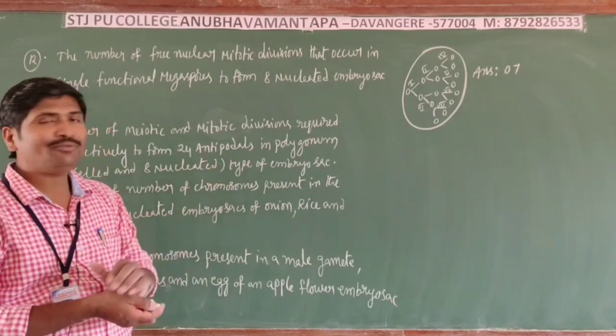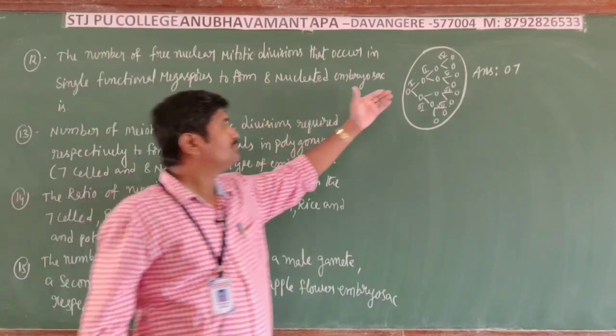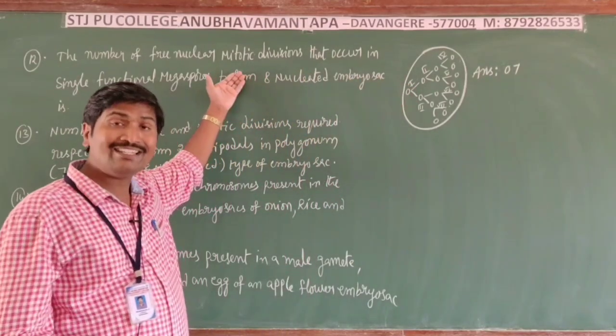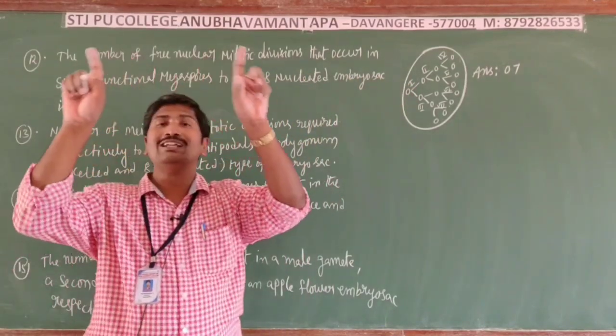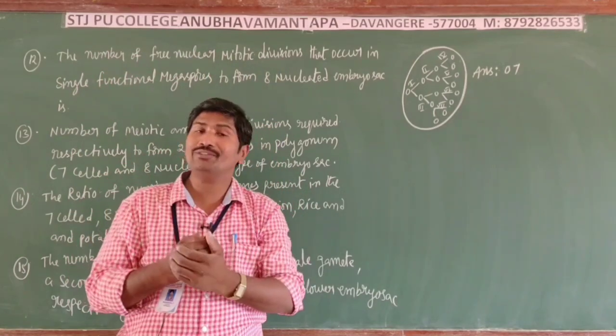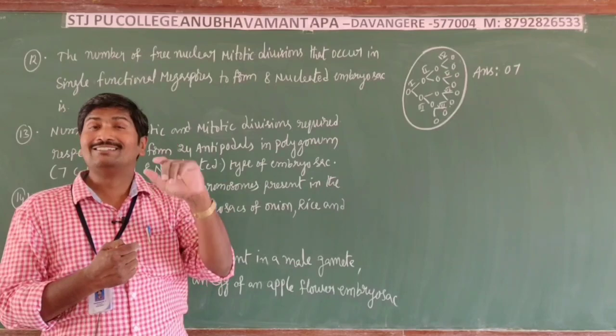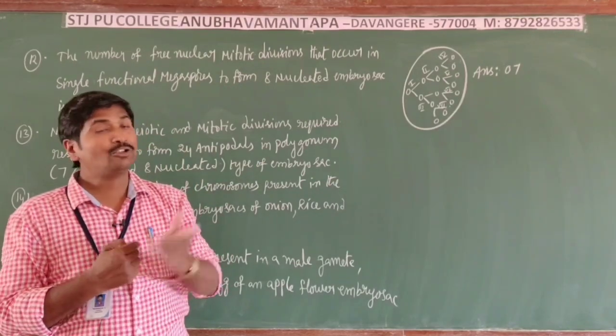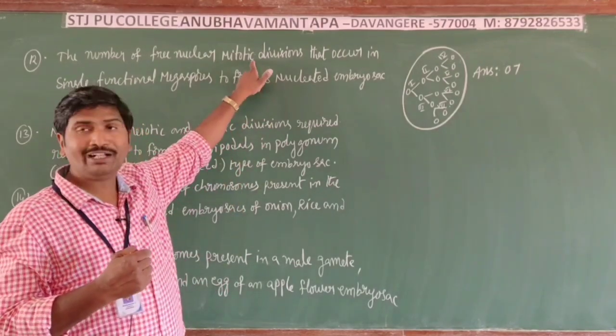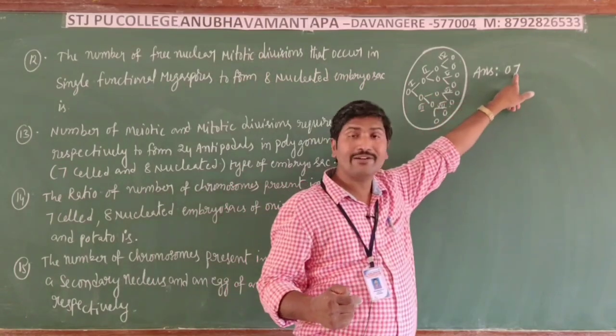Okay, here the majority of the students are confused because in the NCERT textbook, a total of 3 successive mitotic divisions is given. But the total number of mitotic divisions is 7.